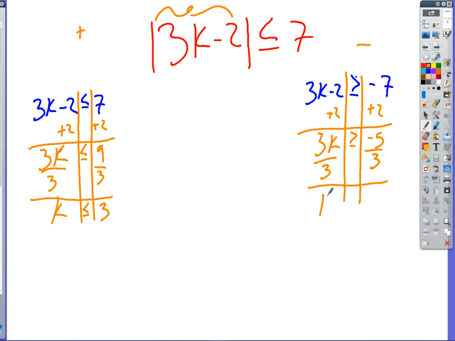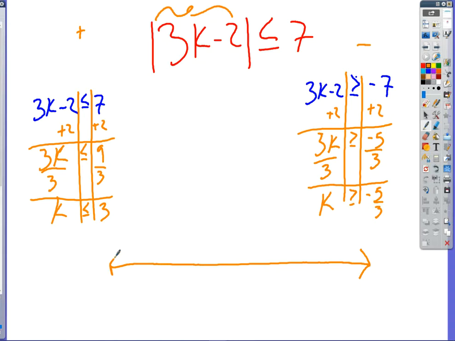And so I get k is greater than or equal to -5/3. Let's just keep it as a fraction. And let's graph it, because what can be more fun than graphing? Just factoring. Factoring is more fun, but that's it. So what number is somewhere in between 3 and -5? 0.